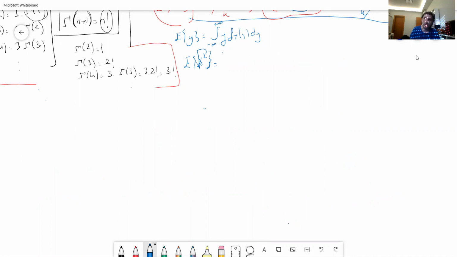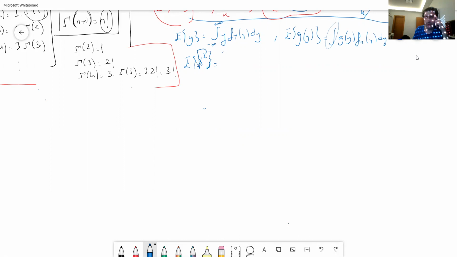Now, since x square is the variable itself, we are interested in the expected value of the square root of that random variable. So in this case, again, if you recall, the expected value of g(y) was equal to the integral of g(y) f_Y(y) dy over the domain of y.